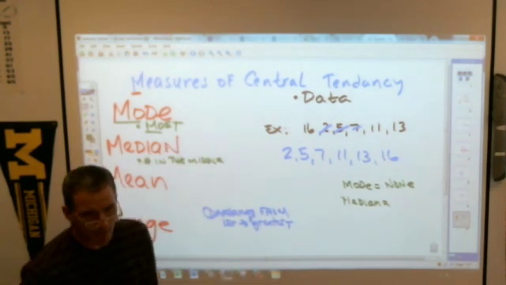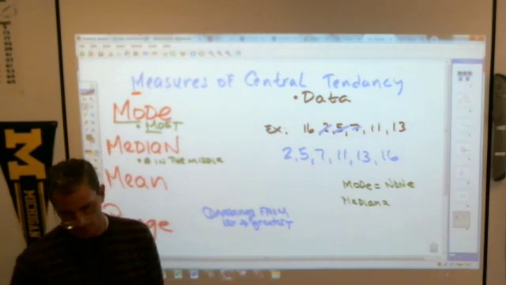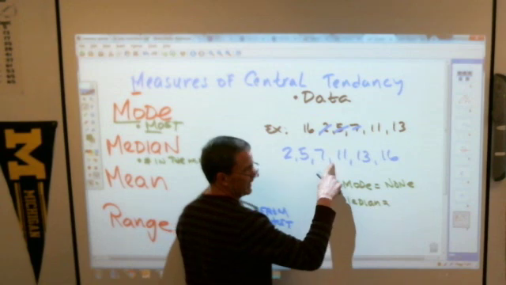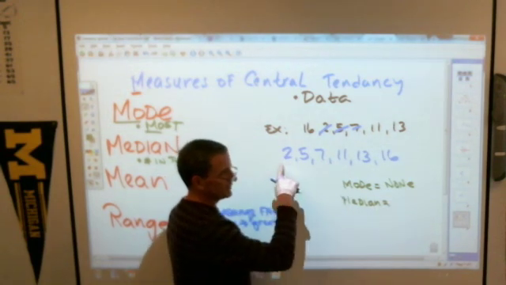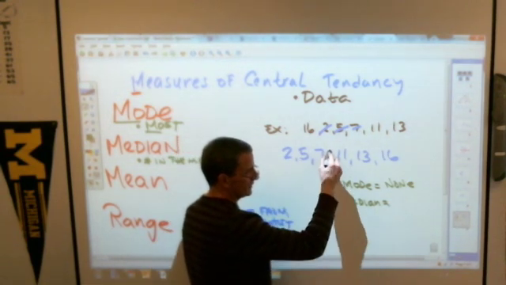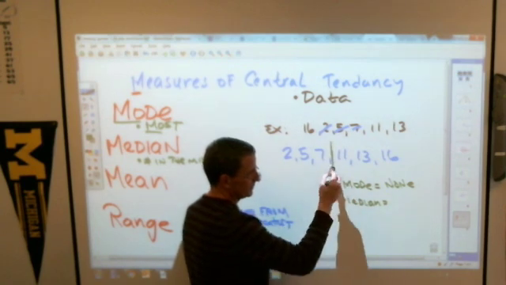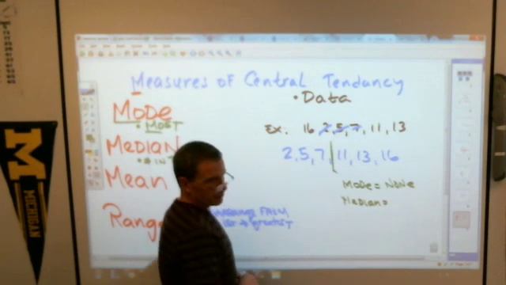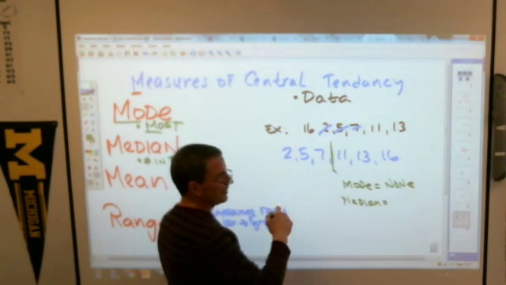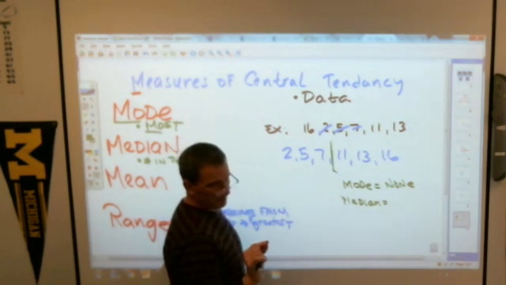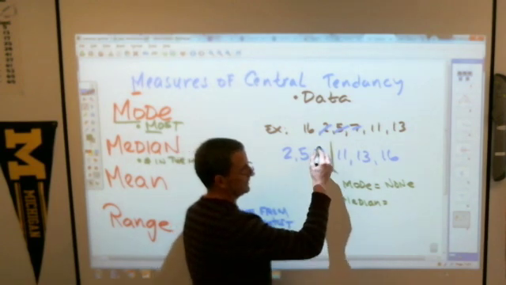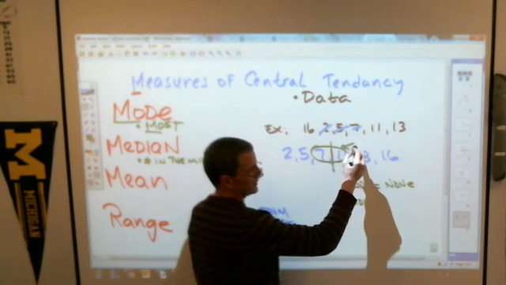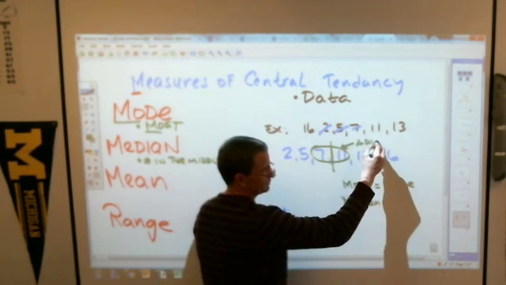And then you have to think, what number is in the very middle of those numbers? Well, before you tell me anything, technically, this one doesn't have a middle number. The middle of this set of numbers is right here, because there's 3 numbers on this side and 3 numbers on that side. So this one doesn't have a middle, but if it's missing the middle number, you have to find the average of these 2 numbers. You have to add those together and divide by 2.